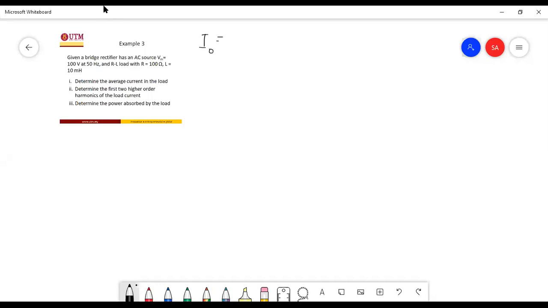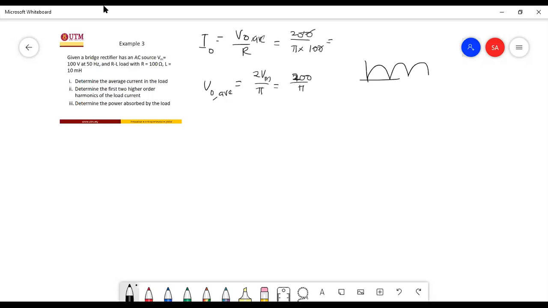The DC component of the output current can be simply calculated by using V out average over R, where V out average for the full wave, since the output voltage is a rectified sinusoidal, is just 2 Vm over pi, which is 200 over pi, multiplied by the R load, which is 100 ohm. So you should have 2 over pi, which is 0.63.